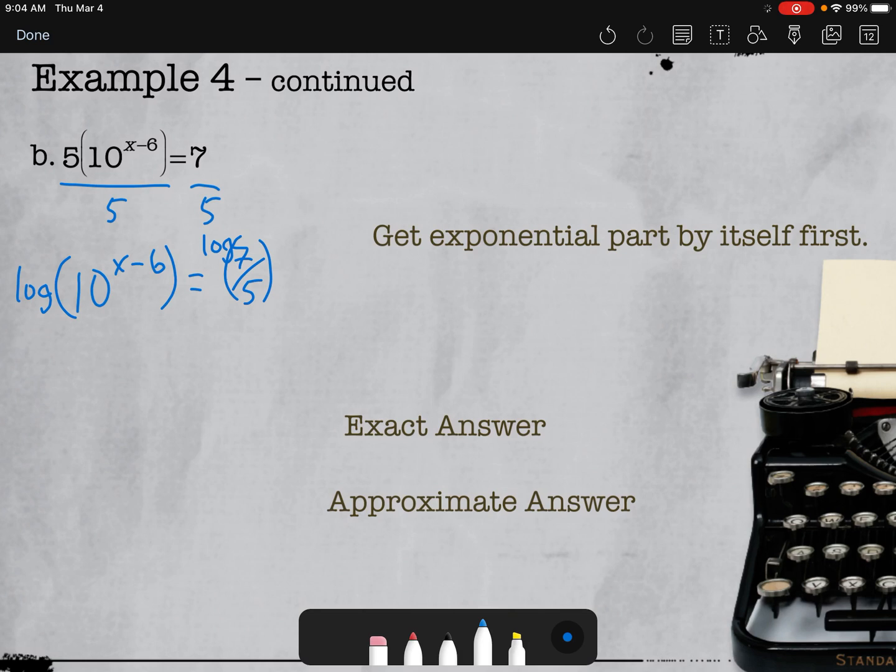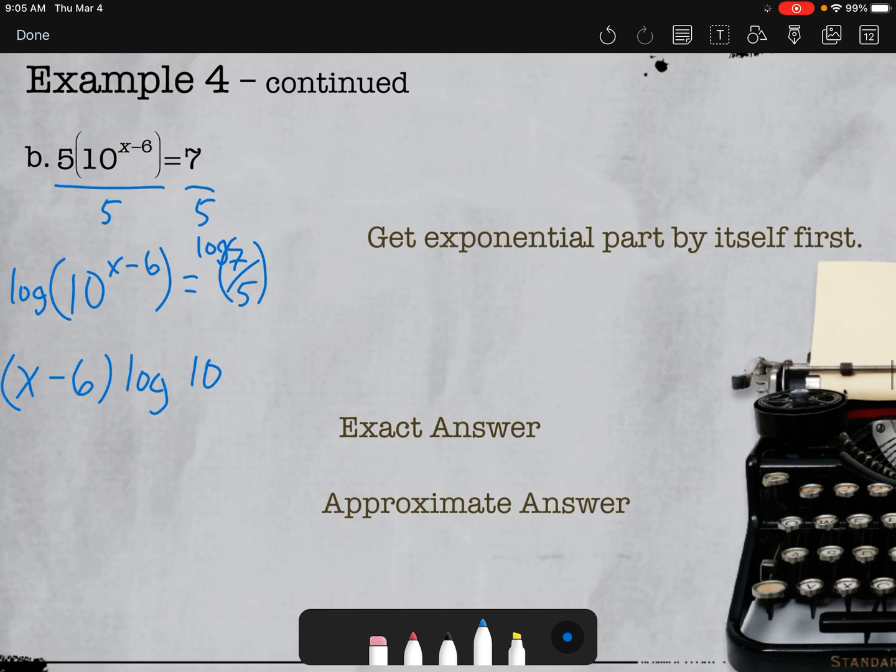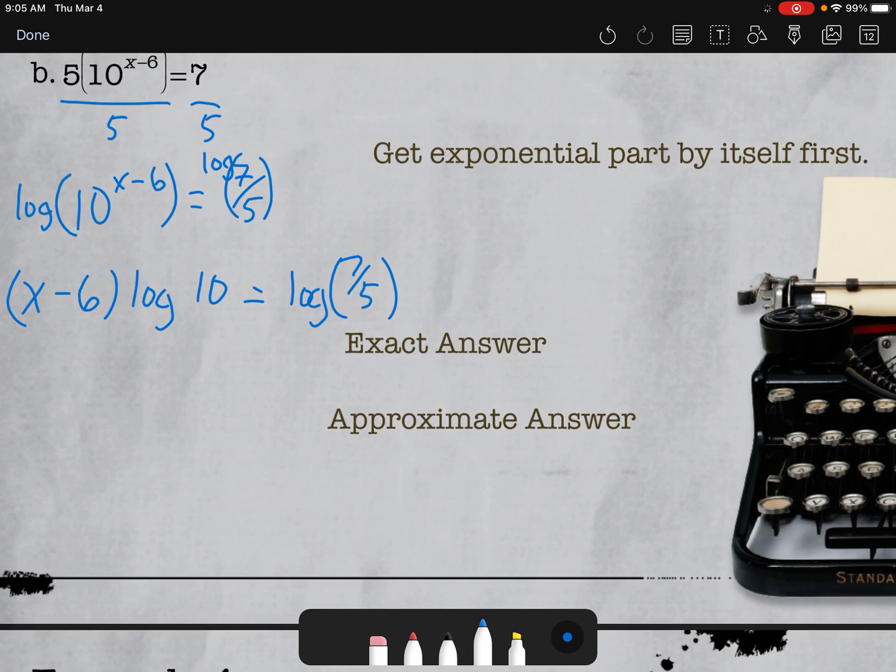Well, it just so happens then that the bases are going to cancel out because I'm going to take x minus 6 and put it out front. And I get this. So the log of 10, guys, is 1. So I'm left with x minus 6 equals log of 7/5.